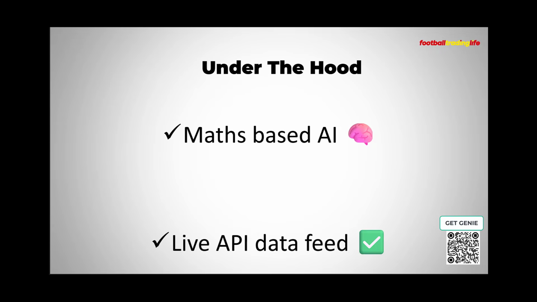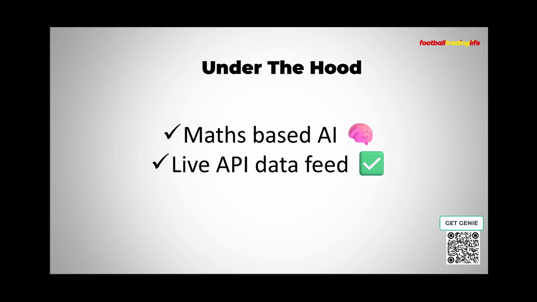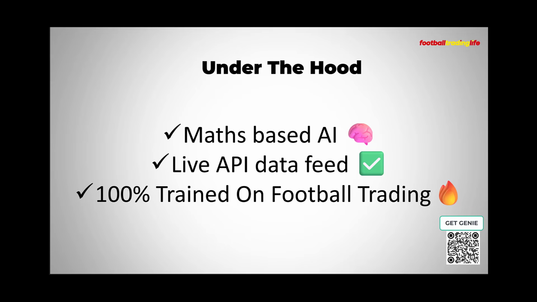It's also connected to a live API data feed. It's being constantly updated with real match stats, the XG, the market context, etc. And something like ChatGPT cannot do that unless you're going to manually feed the data into the ChatGPT all by yourself. It's also 100% trained on football trading, so there is no mistaking, there is no blurred lines or anything like that.